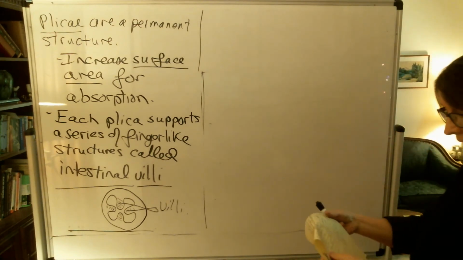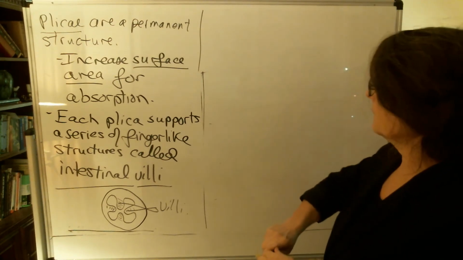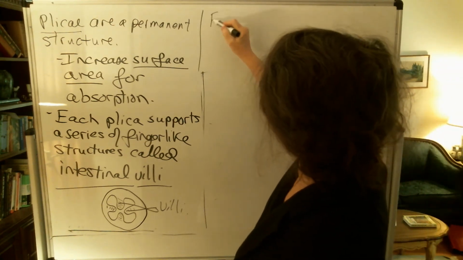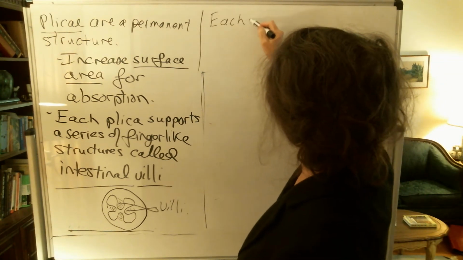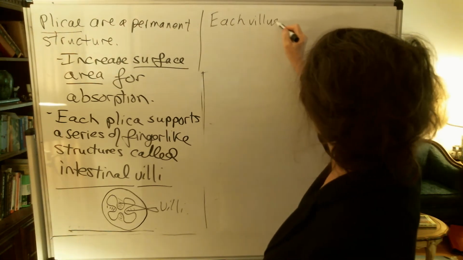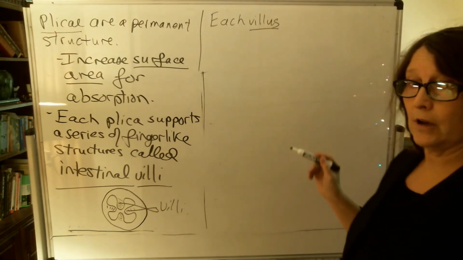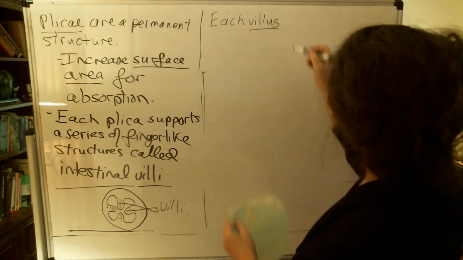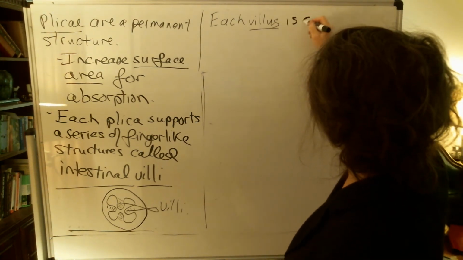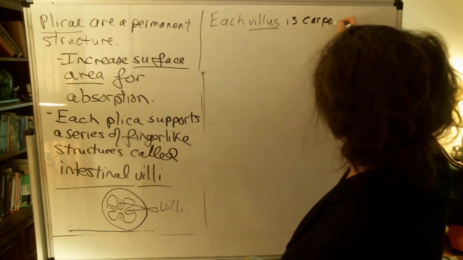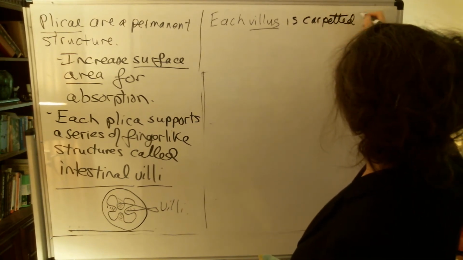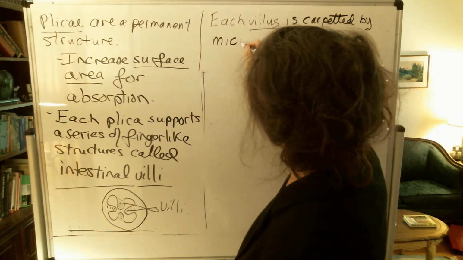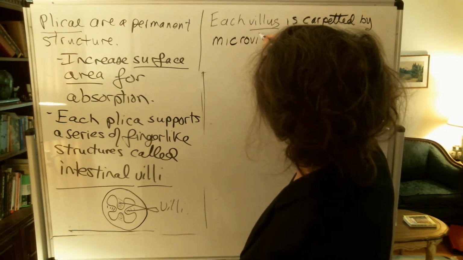So those are your villi then. And then each villus, which is the singular of villi then, each villus is carpeted by what are called microvilli.